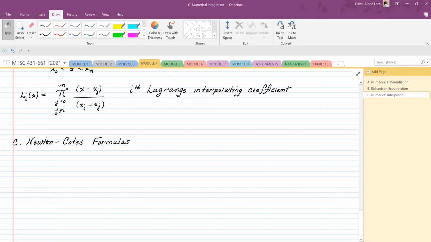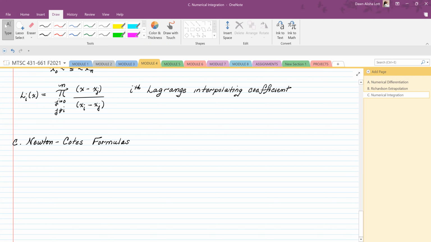Okay, so the last homework that you had was to find the Lagrange interpolating polynomial for the sine of 3x. And then you had to integrate that and evaluate its approximation, the Lagrange interpolating polynomial being integrated with the actual function being integrated, and see how well of an approximation or how good it was.